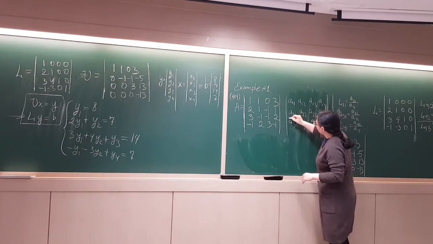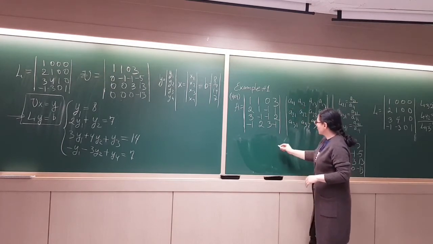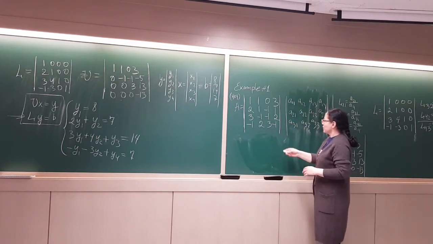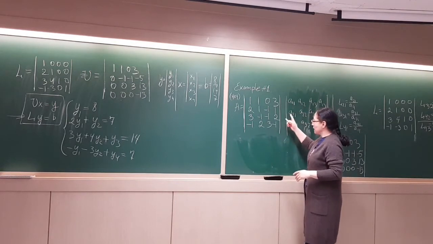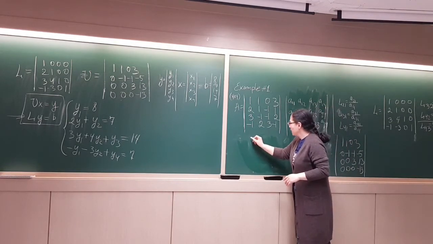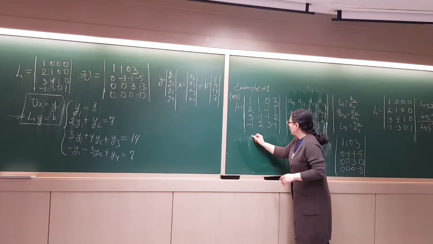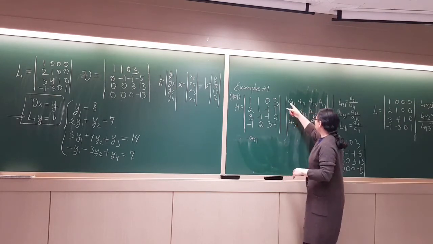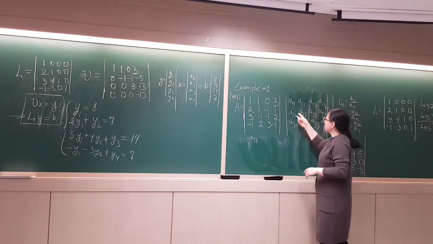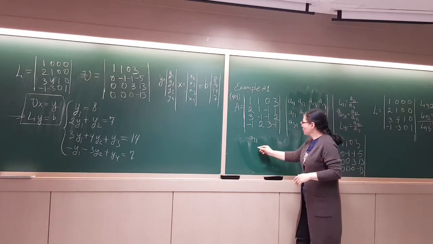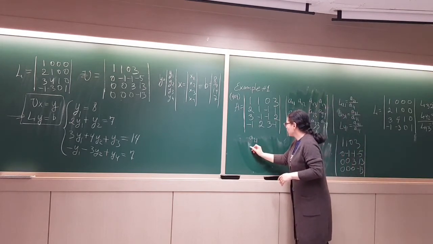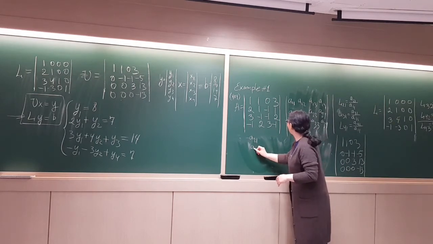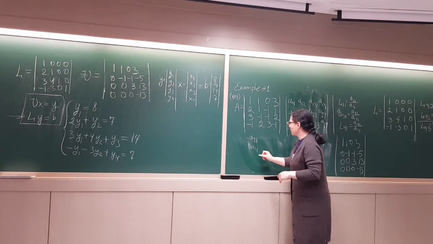To make this 0, for the first line, we multiply by minus A21, and for the second line we multiply by plus A11.